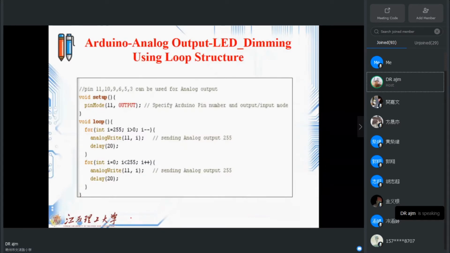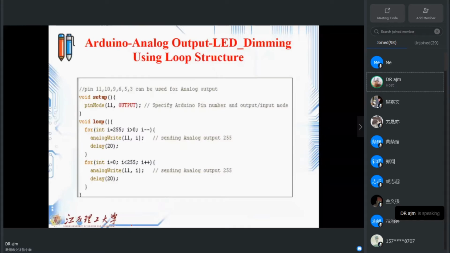I will give you 1 or 2 minutes to analyze it. Please think about that. Pin number 11, we set as the output, and then we specify some values in the form of a loop from 0 to 255, and then we generate the analog output through that.